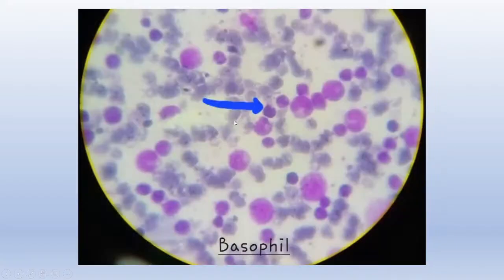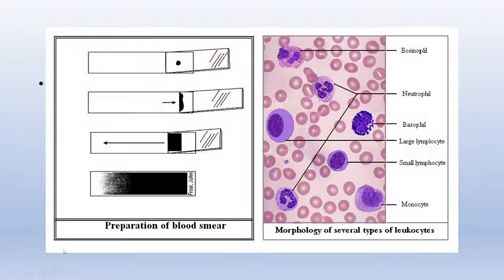Here you are able to see the procedure. We'll just go over the procedure once. First of all, we add a drop of blood. To this drop of blood, we bring the slide, get it touched, and then just spread it over. While spreading, we get a uniformly spread structure and we will get a smear. The smear is ideally tongue shaped, and these are the cells. So with this, I would like to end.